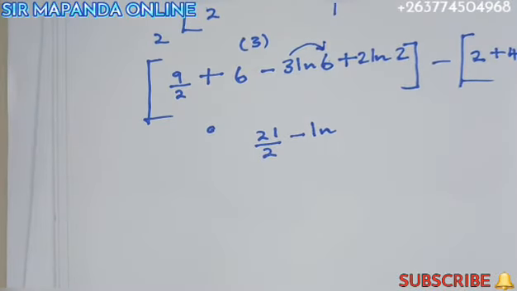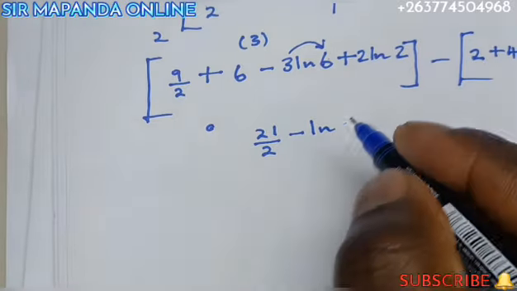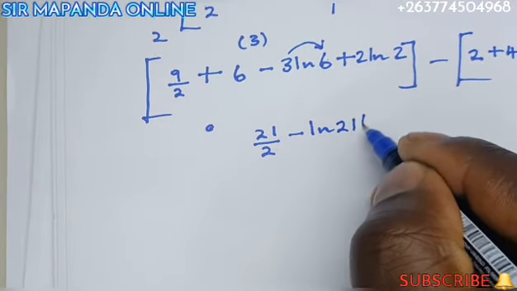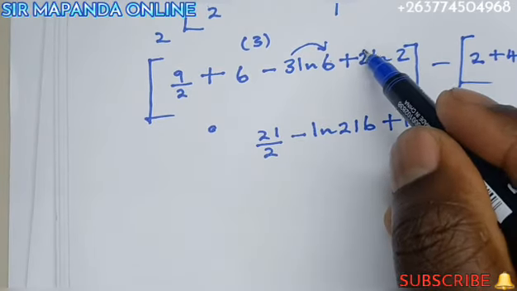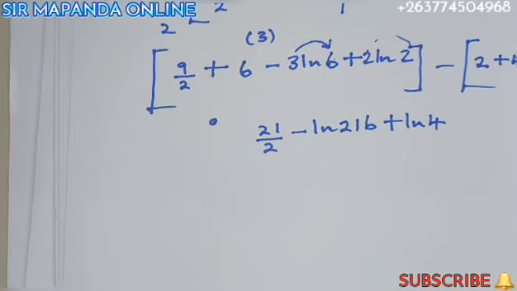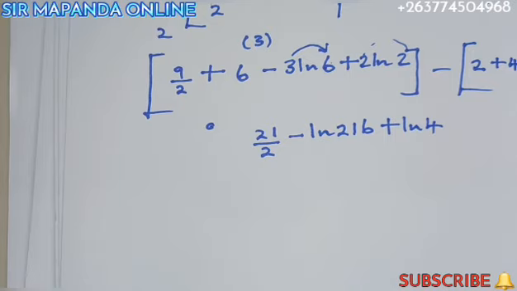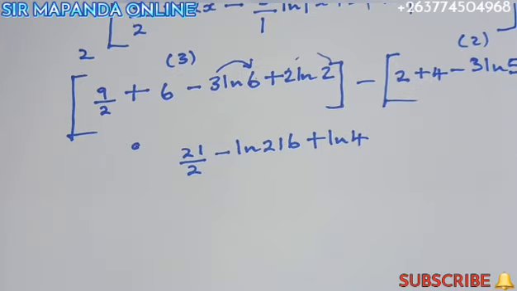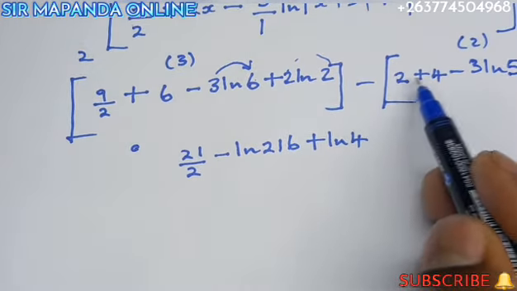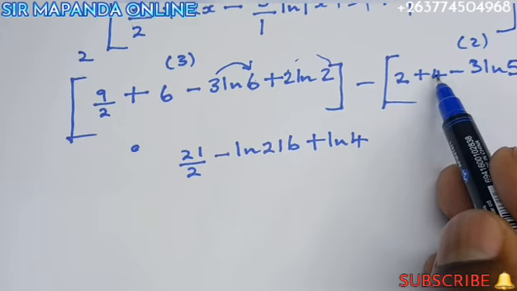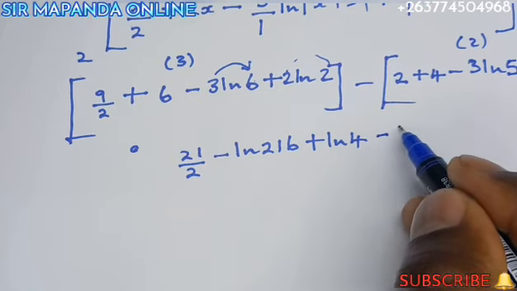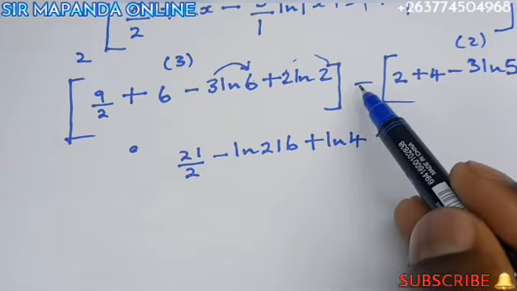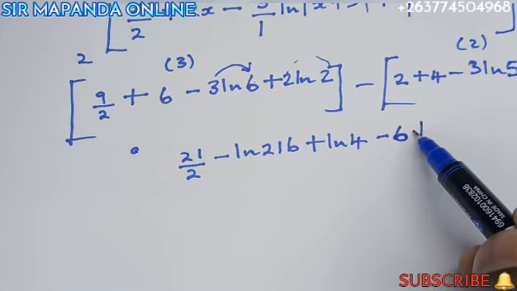So 6 to the power of 3, you get 216, plus ln 4. If you put this 2 on top of 2, remember the number before the log denotes a power. Right here, you are saying 2 plus 4, you get 6, right? But this 6 is going to be multiplied by this negative. So you get minus 6. Then minus and minus, you get plus.